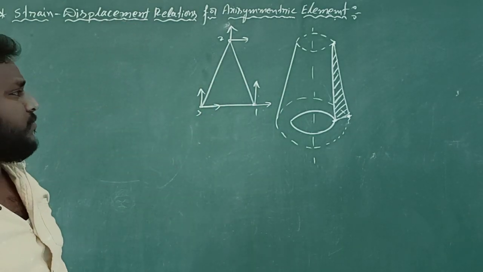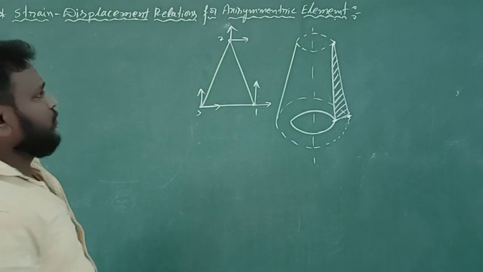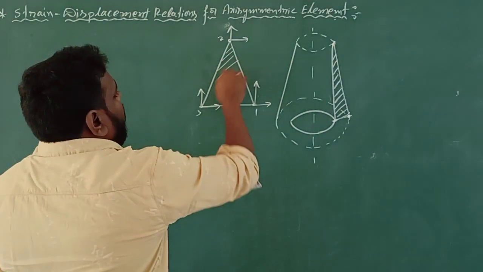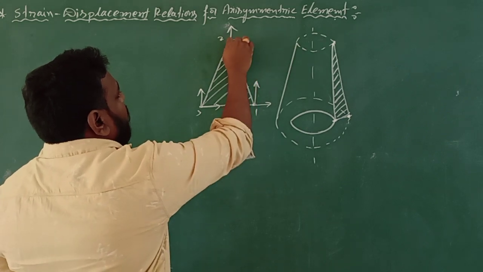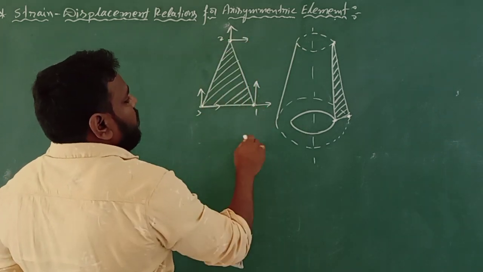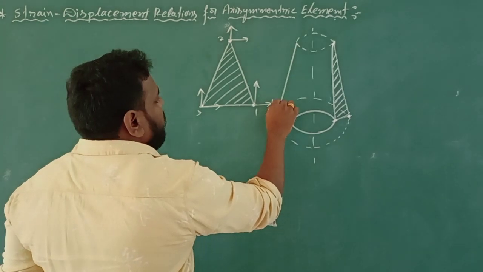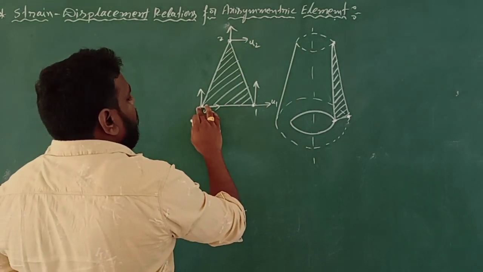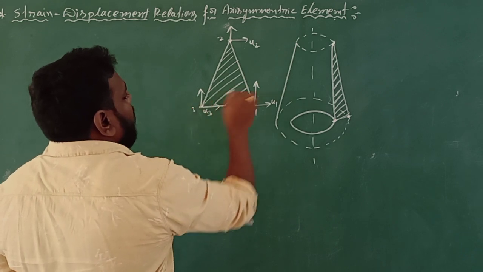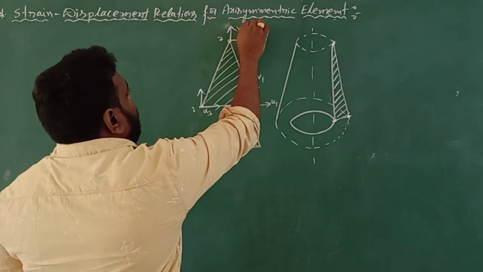Next, there are 3 nodes in one component. Along the R direction we call the displacements U1, U2 and U3, and along the Z direction we call them V1, V2 and V3.